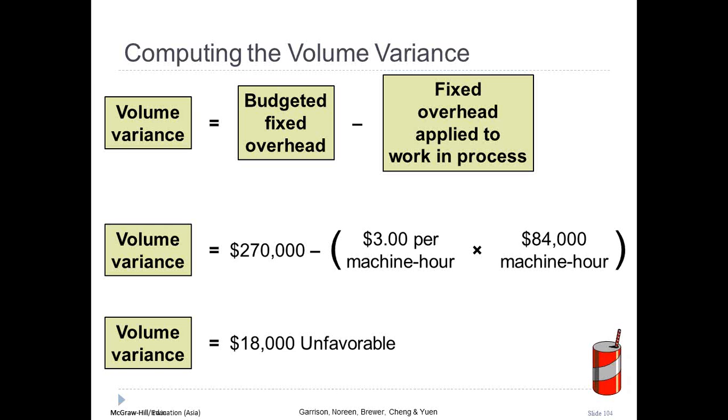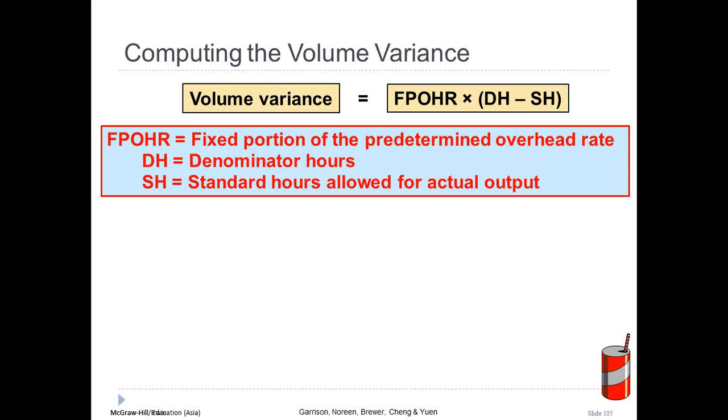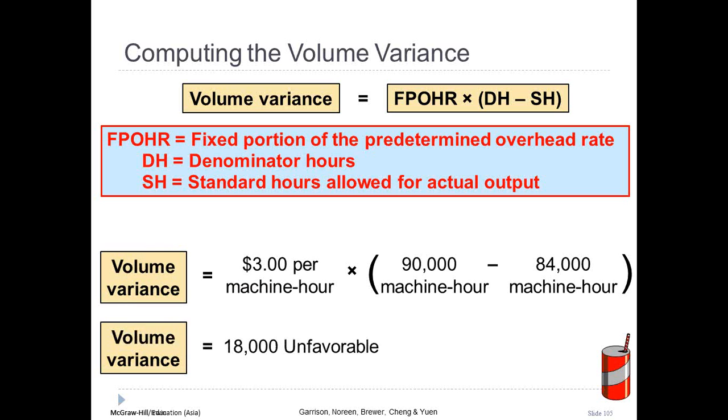The volume variance can also be computed by multiplying the fixed portion of the predetermined overhead rate times the difference between denominator hours and standard hours. The volume variance is $18,000 unfavorable.